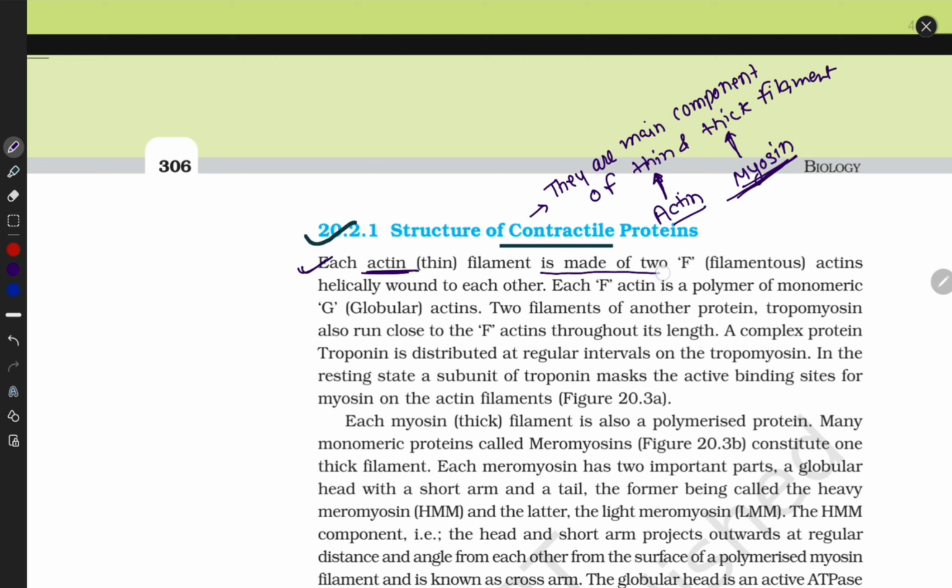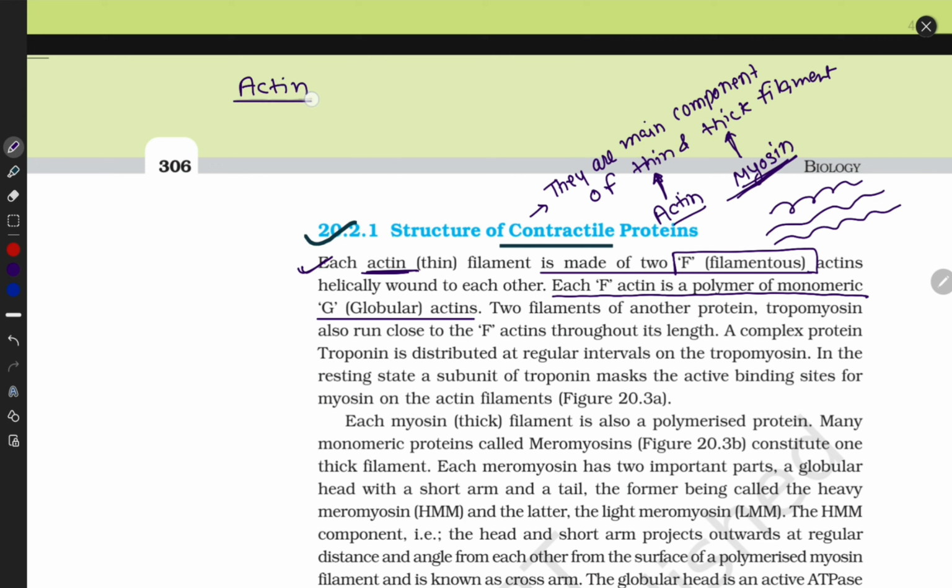This is made up of filamentous actin. Like their name, they are filamentous, fibrous in structure. They coil together, and each F actin is a polymer of G actins. There are two types of component in actin.